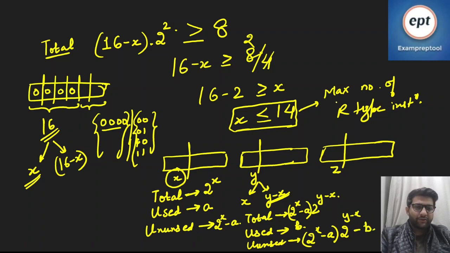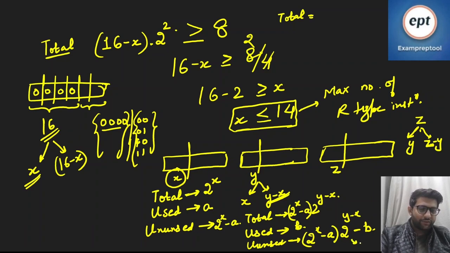Now again, for z, if z is the largest opcode out of these 3, for z you can calculate, first of all, divide z as y and z minus y, right? And what you can do is you can calculate the total by the unused value, right?